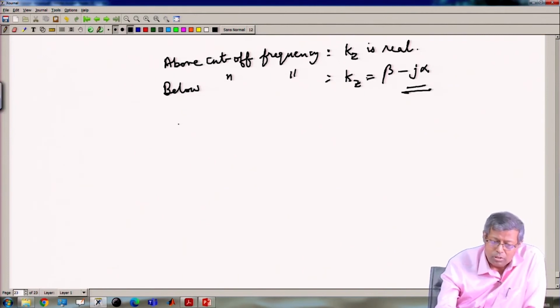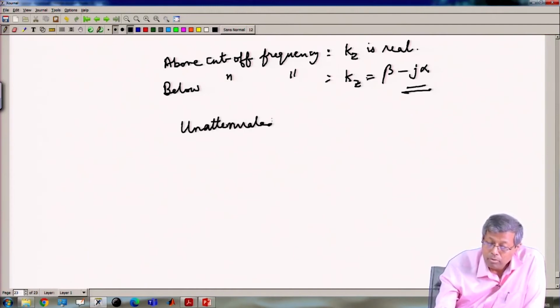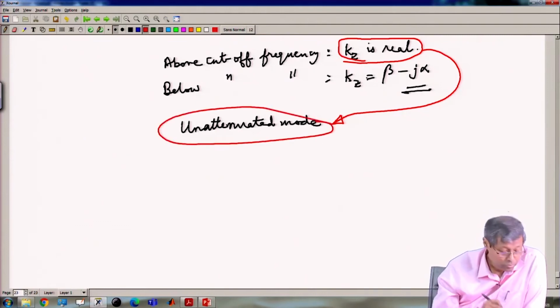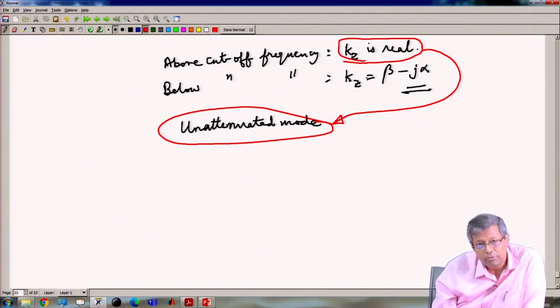So, the phase constant of an unattenuated mode, which means that Kz is real for this condition, lies between the phase constant of the dielectric and that of the air region.